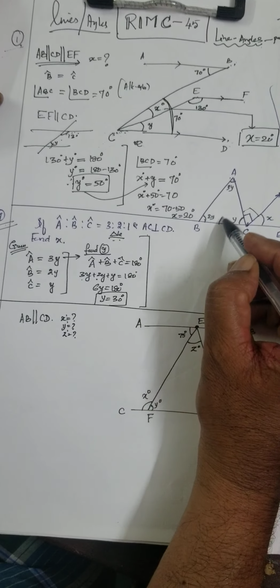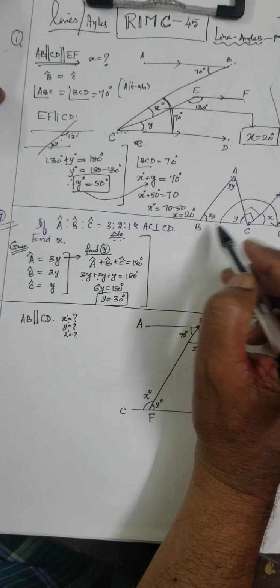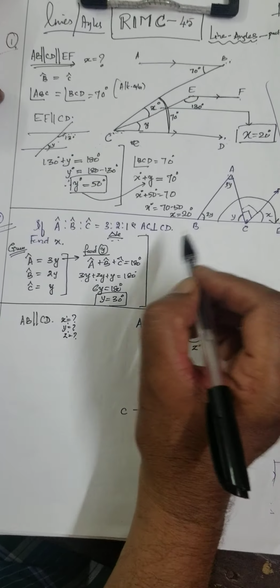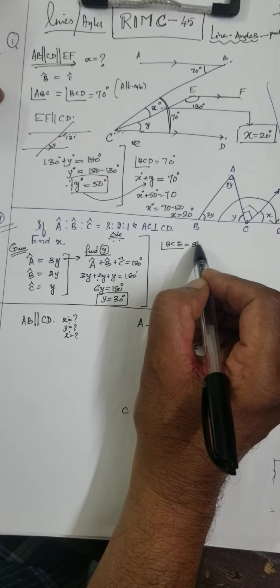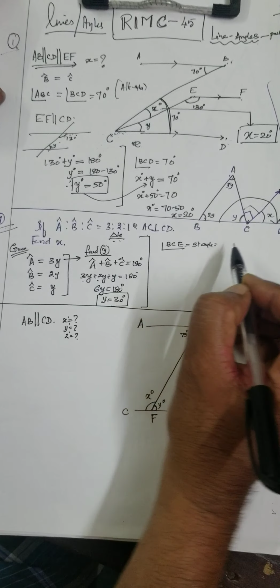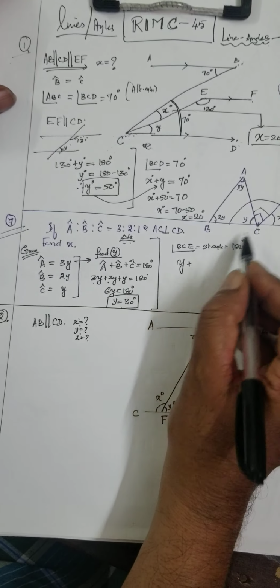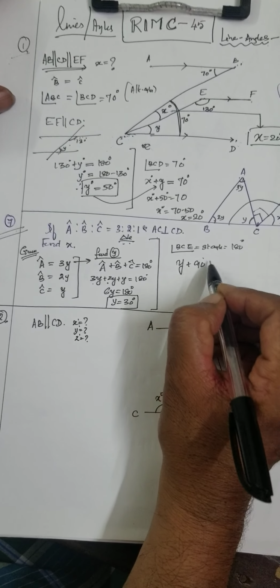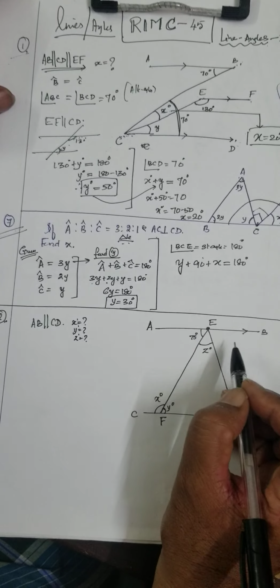Now the value of y is 30 degrees. Now this is a completely straight angle, the straight line, is it not? Therefore angle BCE is equal to a straight angle. Straight angle means 180 degrees. That is y plus this 90 degrees plus x is equal to 180.